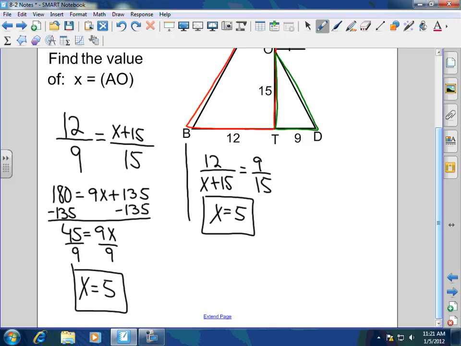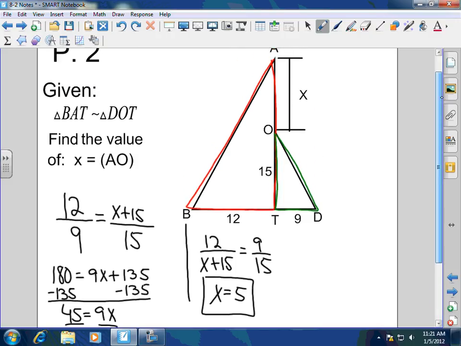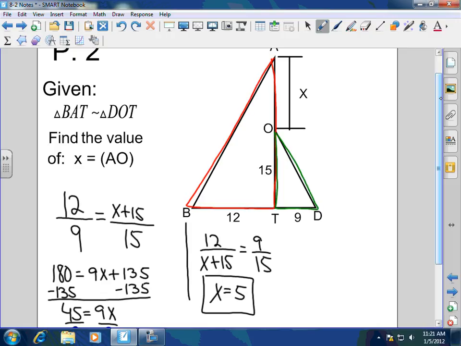Yes, sir. And look at the way I did it. I didn't do it using a formula. I used corresponding sides. Again, either the smaller side of the large triangle to the smaller side of the small triangle, that's 12 to 9. Then I corresponded the larger side of the large triangle, x plus 15, to the larger side of the small triangle, 15.